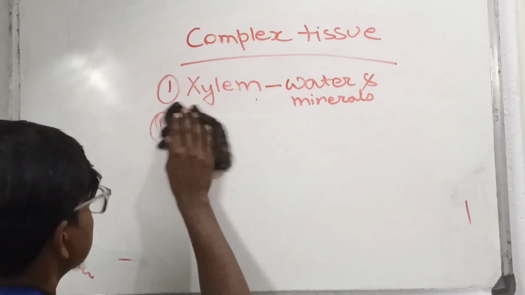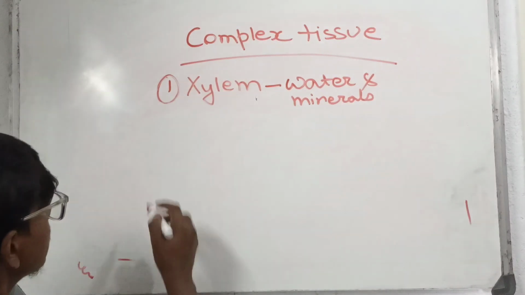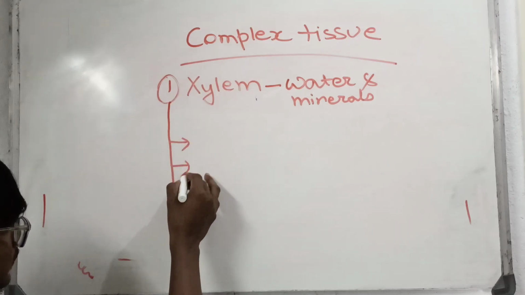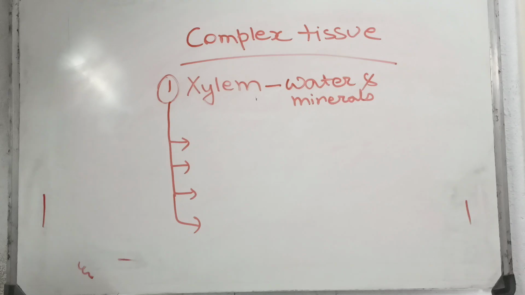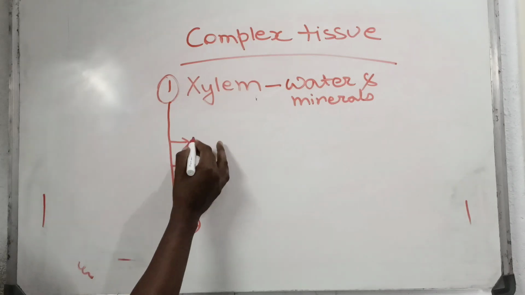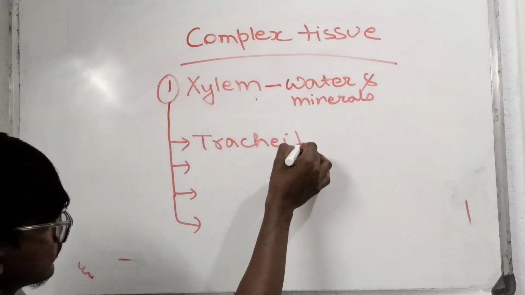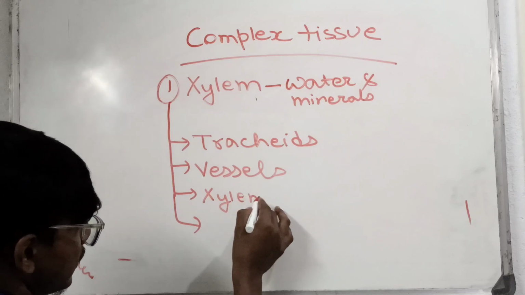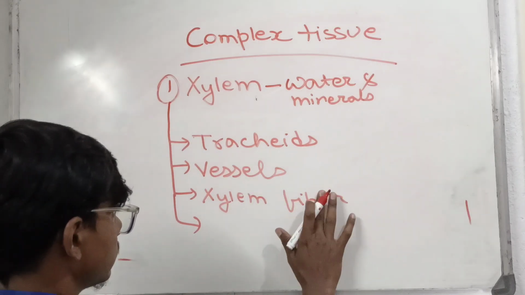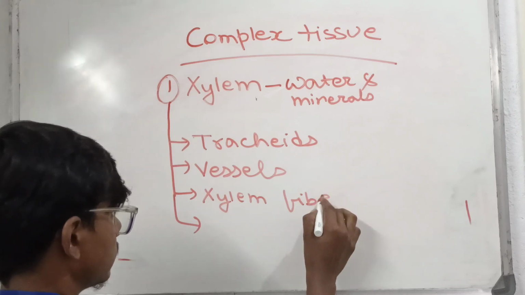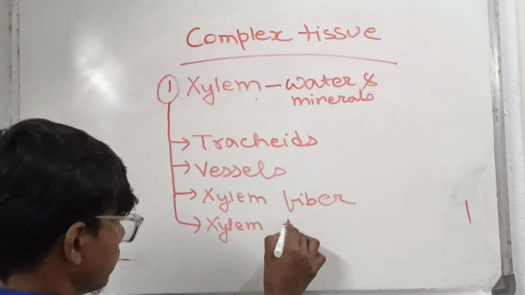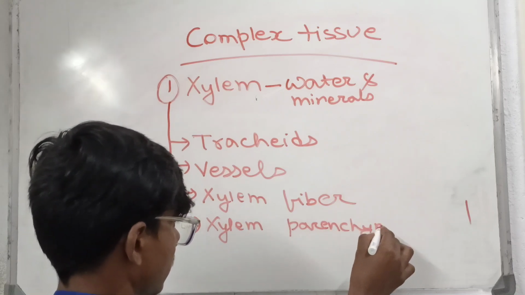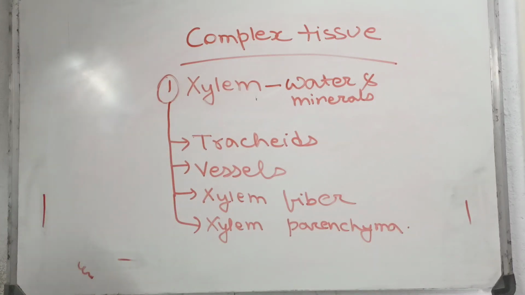Before discussing phloem, we will see the different parts of xylem: tracheids, vessels, xylem fiber, and xylem parenchyma. So these are the four types of xylem.